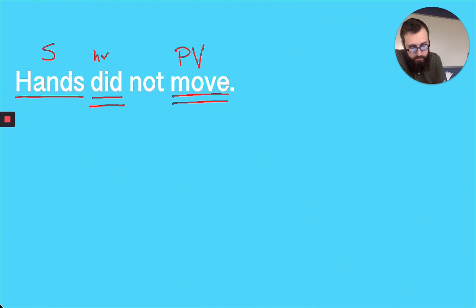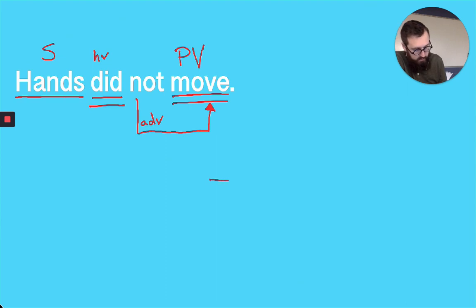I'll go through and do my modifiers. And I know the words not and never are adverbs telling me how something happened. How did hands move? Not. They did not move. It's describing how it moved. It's modifying it, and then ADV in the corner opposite of the arrow. All right, let's go ahead and diagram this sentence.